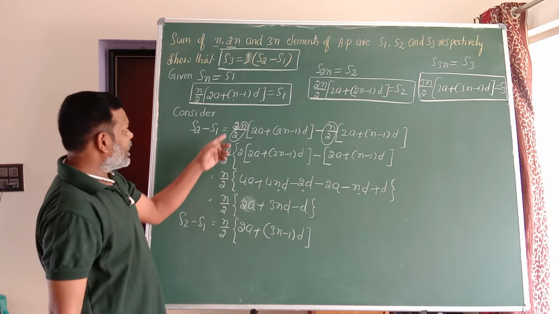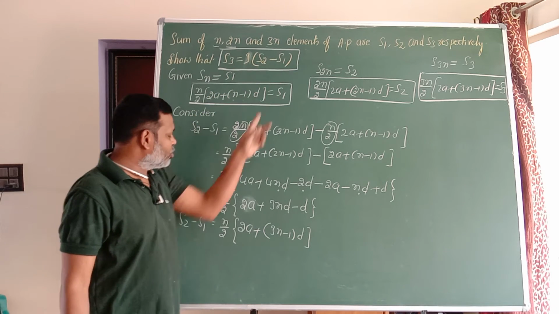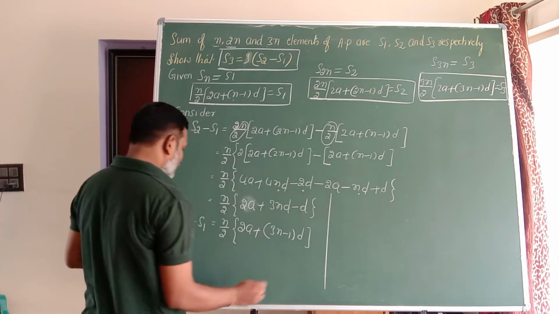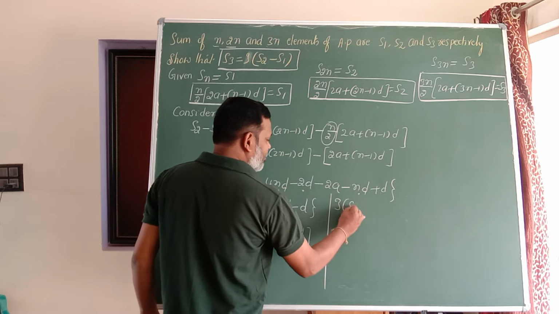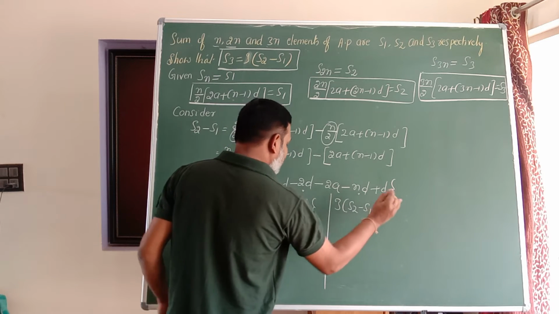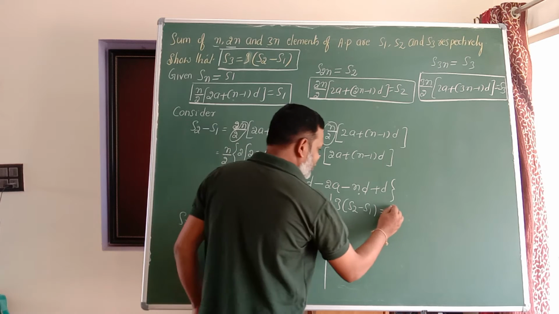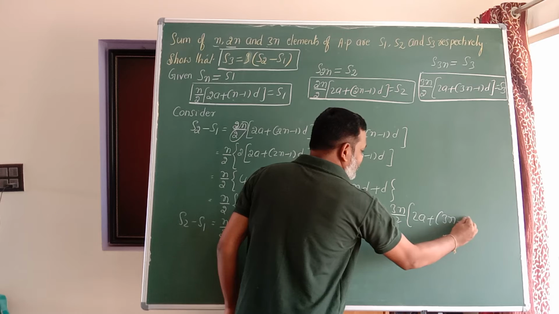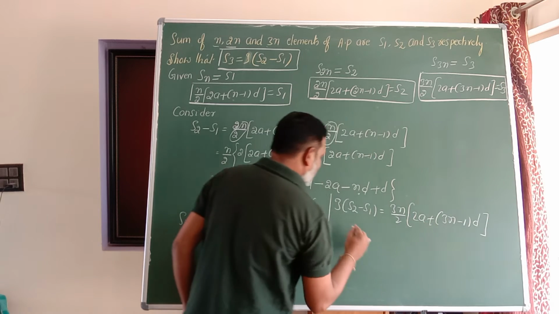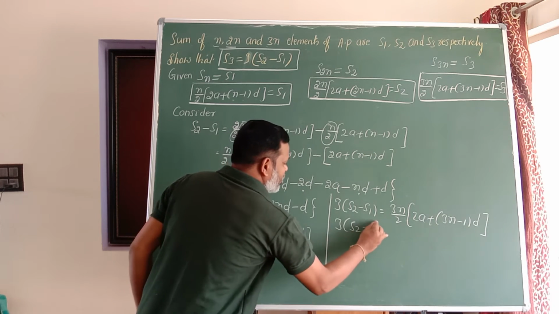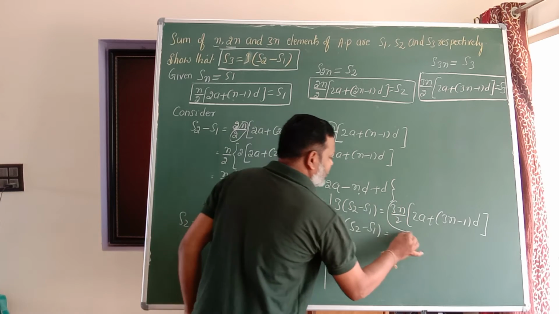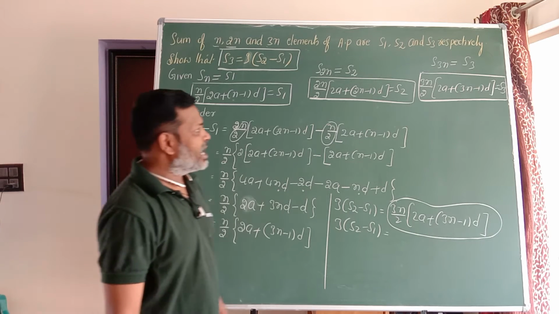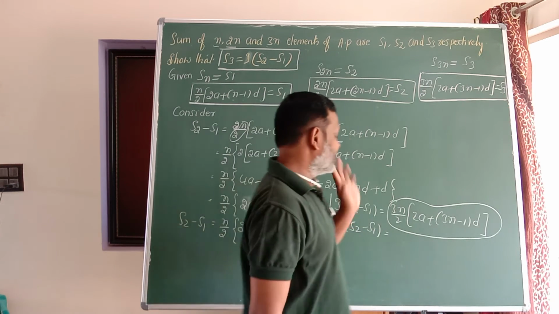Observe here. But actually we want 3 times S2 minus S1. Multiply 3 on both sides. What happens here? 3 times S2 minus S1 is equal to 3n by 2 into 2a plus 3n minus 1 into d, which is nothing but S3.